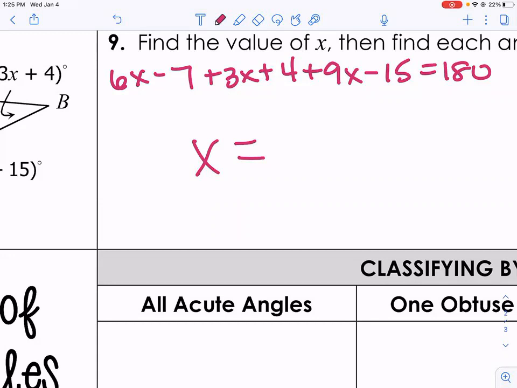Carter, what are you getting for X over here? Carter's getting X equals 11.